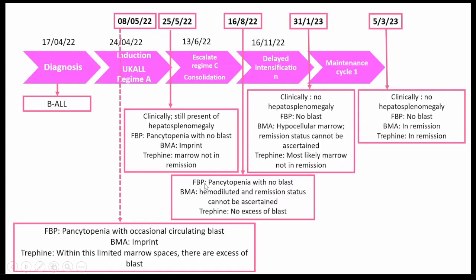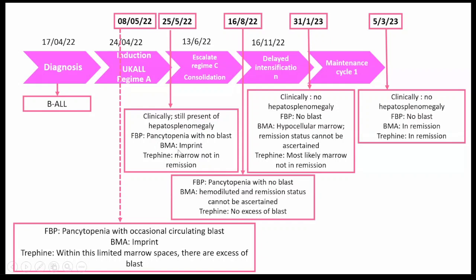In mid-induction, he had pancytopenia with occasional circulating blasts, but the trephine imprint still showed excess blasts. So he continued with induction. Upon completing post-induction, clinically there was still hepatosplenomegaly and the count had not recovered yet. The BMA was also only imprint, and based on the trephine the marrow was not in remission.